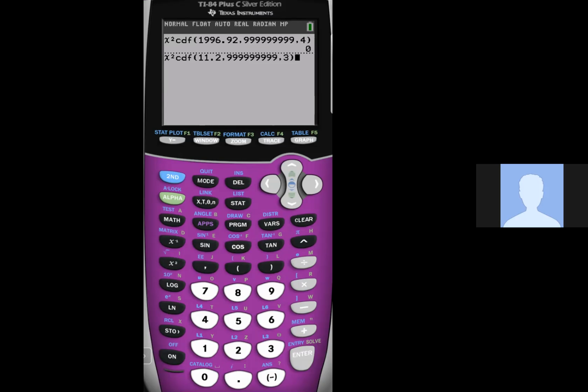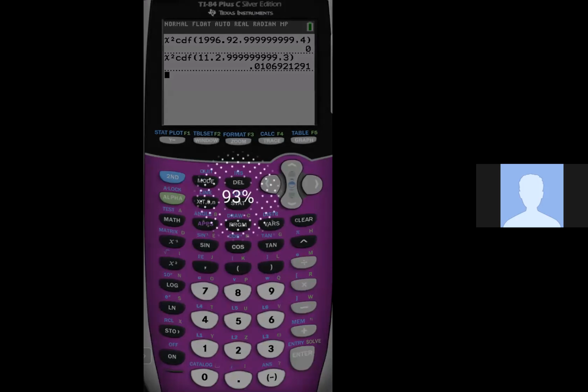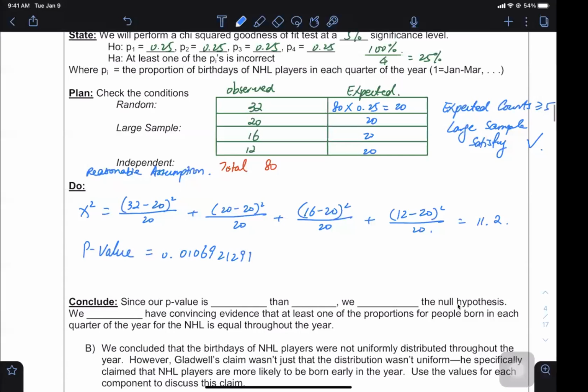And then paste it. You can see that this p-value is the same as the one from the chi-square goodness of fit. So either way, you get the p-value.